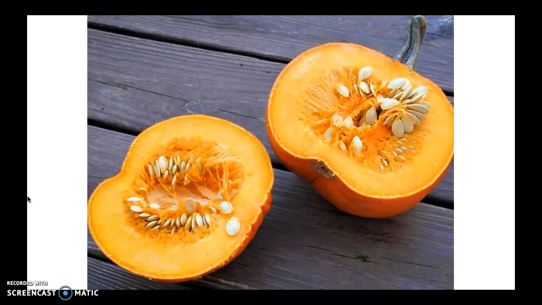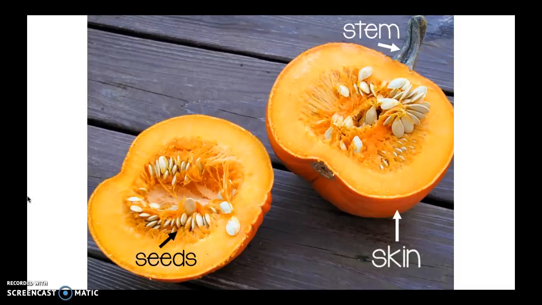Let's think about the inside of a pumpkin. Yes, there's the stem again. There's the skin again. And let's remember, what are those white things inside called? You're right, those are the seeds. That's how we grow new pumpkins.